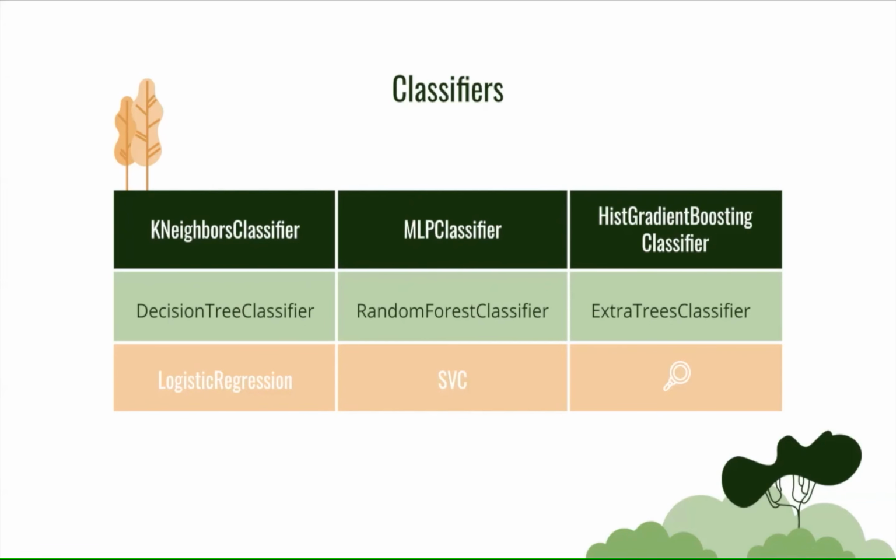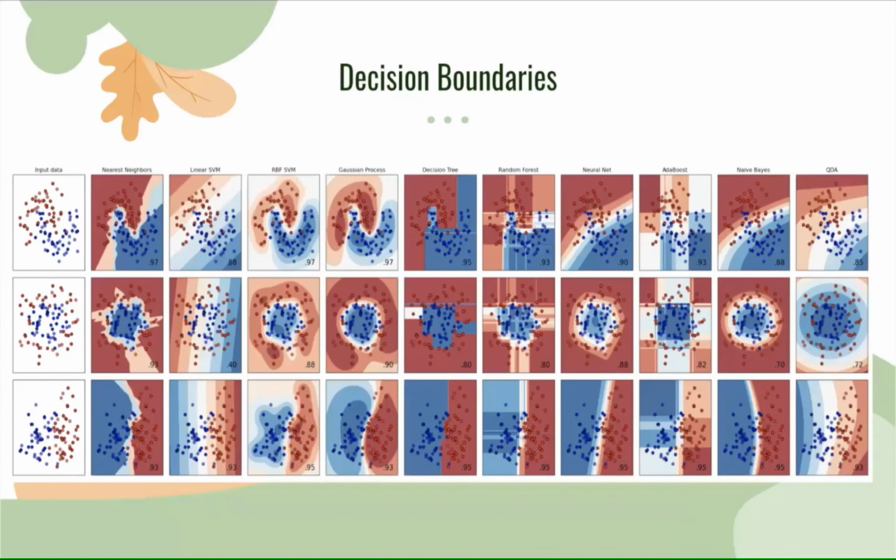The reason we tried out these models is that according to the sklearn classifier comparison documentation, different classifiers have different decision boundaries to separate the data. From the graph, we can see that the data are linearly separated by linear SVM, neural nets, naive Bayes, and QDA.